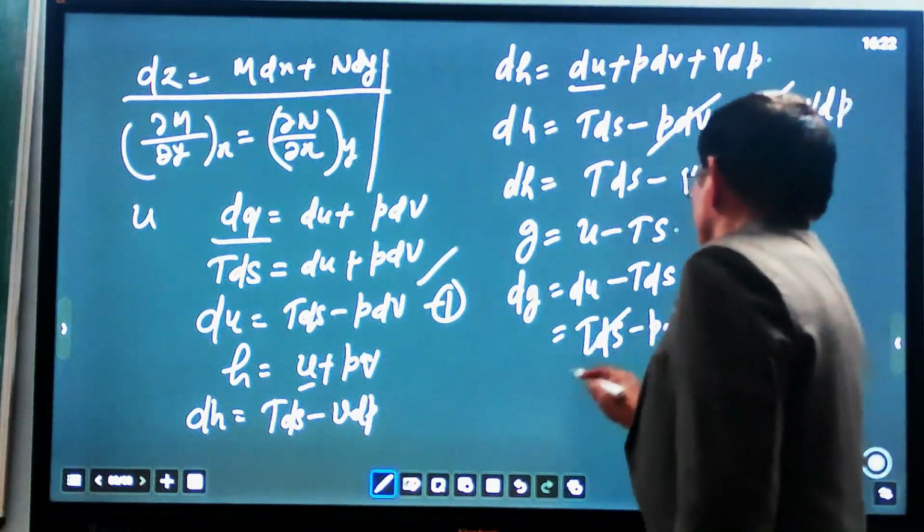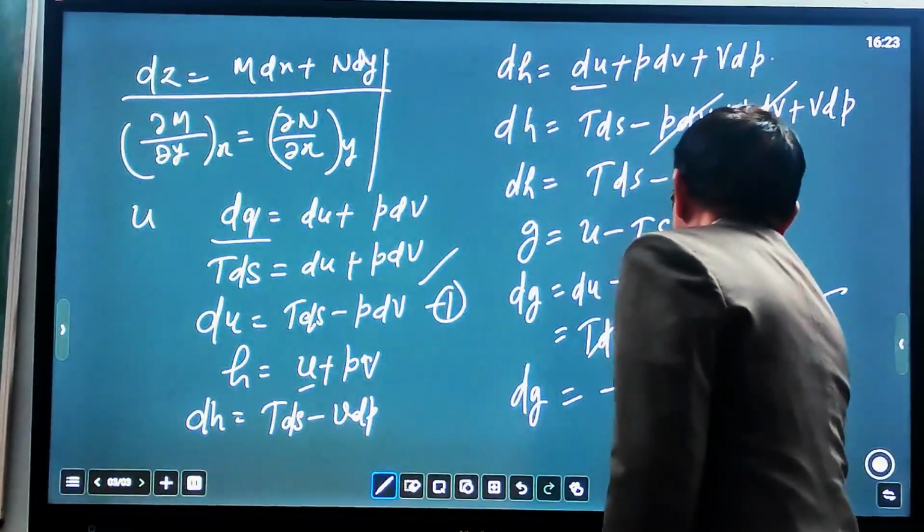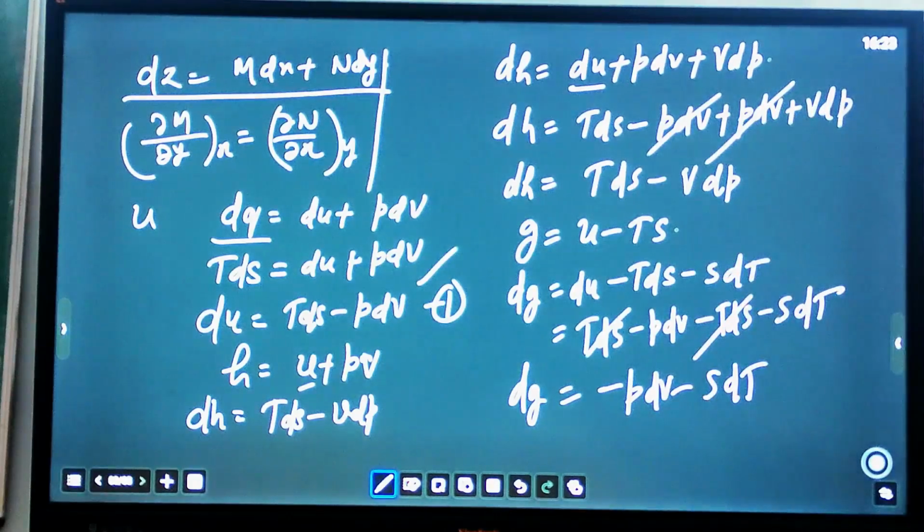Removing TdS, dF equal to minus PdV minus SdT. This is the third thermodynamic relation.